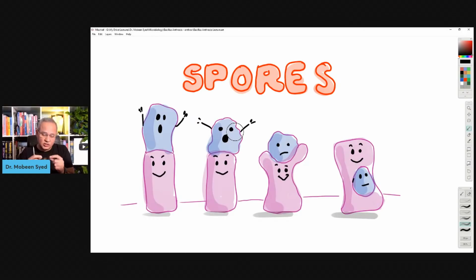It starts losing water, it starts losing substance, it starts developing a hard shell around it, a keratinaceous shell, just like nails, not exactly nails, but a hard shell like that. And then the mother bacillus, the bacillus near it, will engulf it and bring it in. So now one Bacillus anthracis is sort of pregnant with the other Bacillus anthracis that it just engulfed. It's an endospore now. And so that is the spore.